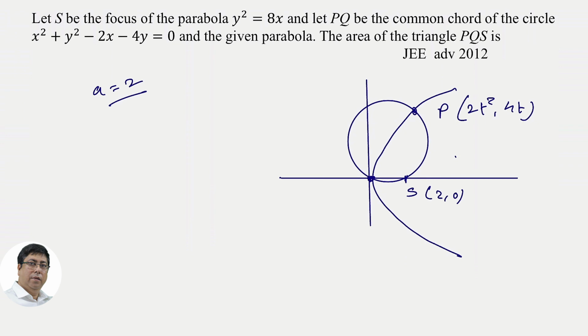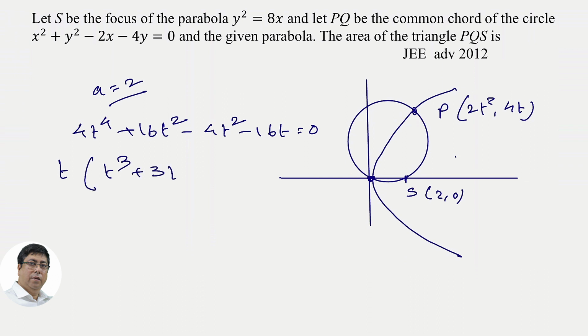Now let's see one thing, this P point is satisfying the circle also. So let us put the point P on the circle. We are getting 4t⁴ + 16t² - 4t² - 16t = 0. So if we take t common, we are getting t³ + 3t - 4 = 0.